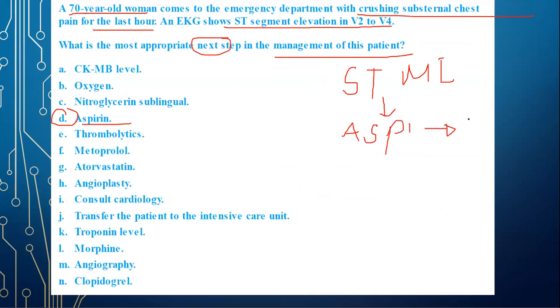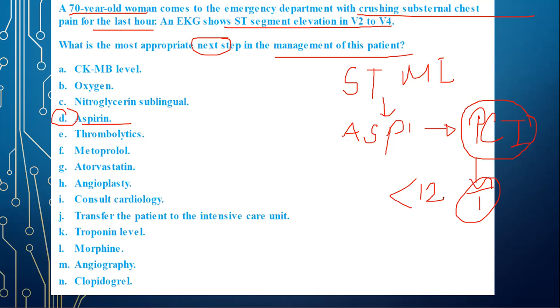And then this patient needs to go to the catheter lab for PCI, which is angioplasty. Angioplasty only if it is a tertiary hospital and the patient presents less than 12 hours from onset of symptoms.